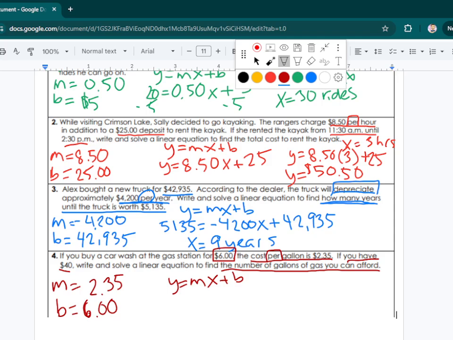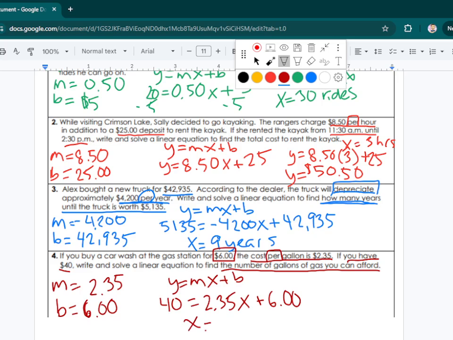So if we have $40, that's our total. That's going to be our y. So 40 equals 2.35x plus 6. And we would solve this for x. Subtract 6 from both sides, divide by 2.35.